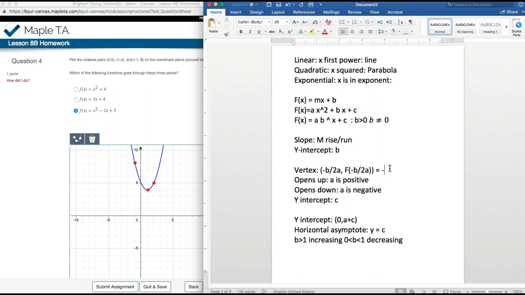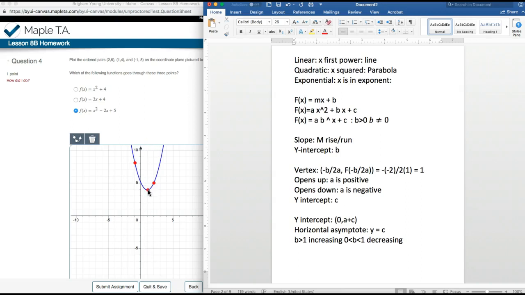So I end up with negative negative 2 divided by 2a, and a in this case is 1. It's the number in front of x squared, which simplifies to be negative times negative 2 is positive 2, divided by 2 is positive 1. So the vertex, another way of thinking about it is kind of where I can fold this, and the vertex should end on positive 1 in the x direction, and I could fold that right there.